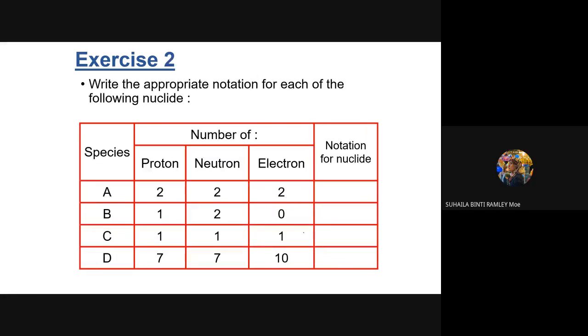This one is notation. We write the notation as element with A and Z. For element A, the nucleon number is 4, proton plus neutron, and proton is 2.